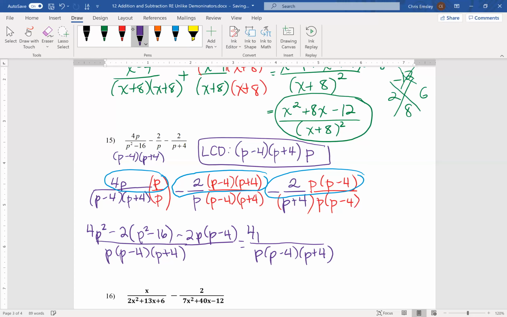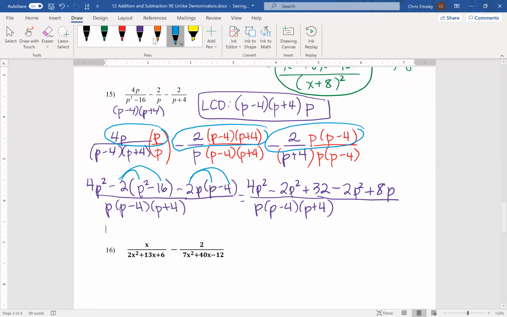4p squared. We'll go ahead and now distribute here that negative 2. So we get a minus 2p squared and a plus 32. And then we'll distribute again here the negative 2p. So we get a minus 2p squared and a plus 8p. I'm going to scroll down a little bit, give me a little more space.